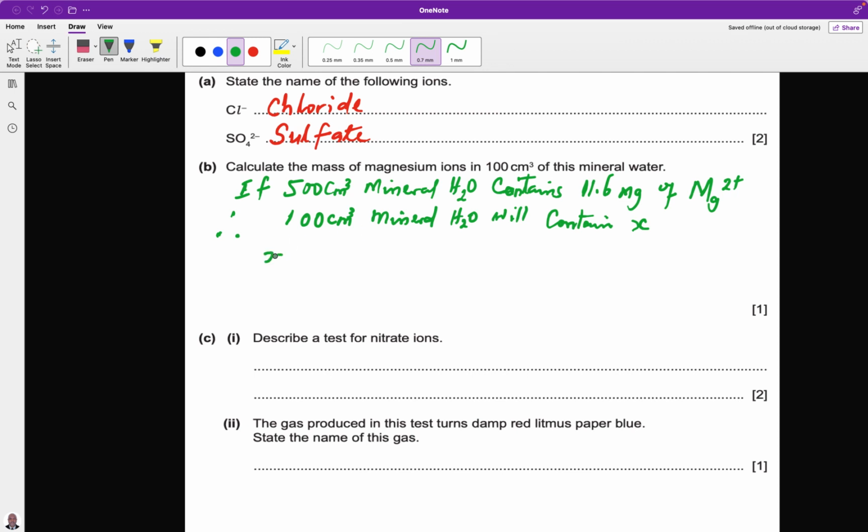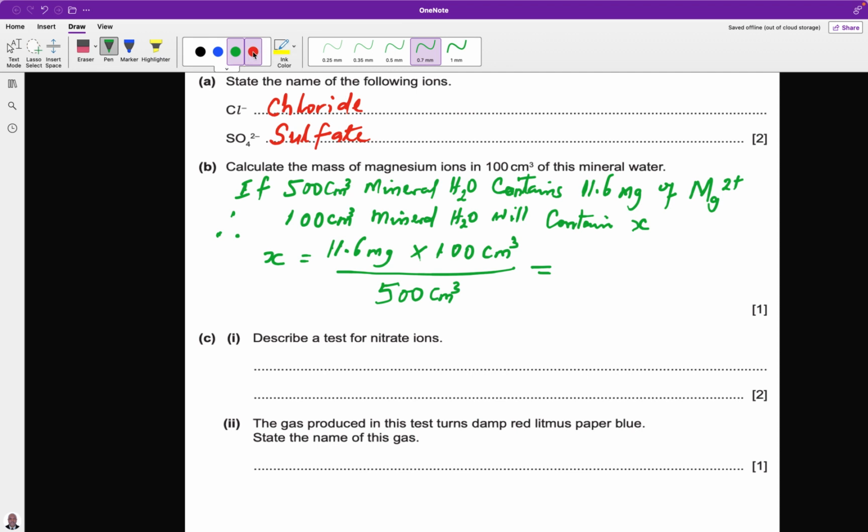Cross multiply. X will be equal to 11.6 milligram times 100 cm cube, divided by 500 cm cube. And what will be the value?